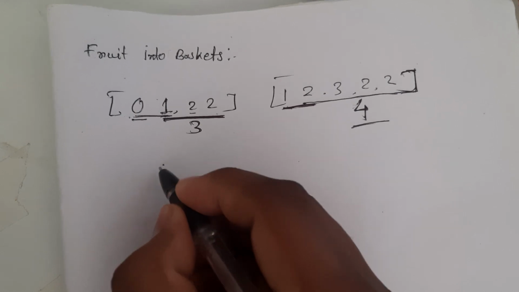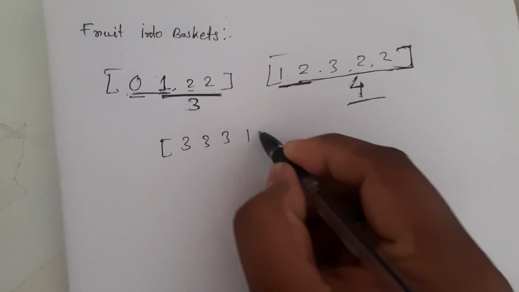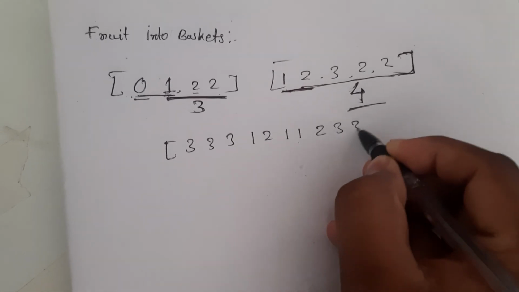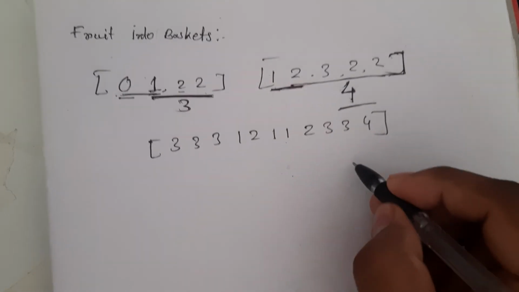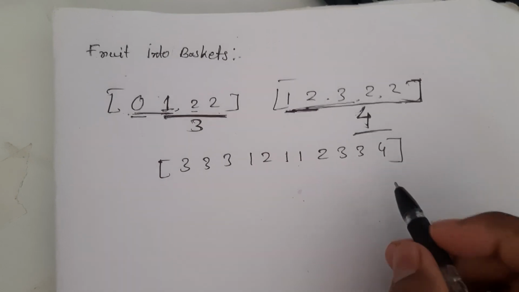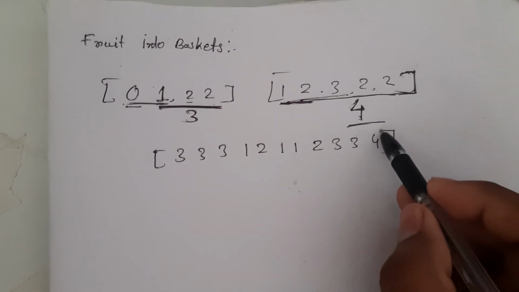Let me take another example: 3 3 3 1 2 1 1 2 3 3 4. The problem implies that you need to find the length of the maximum subarray where the maximum number of distinct elements is 2.